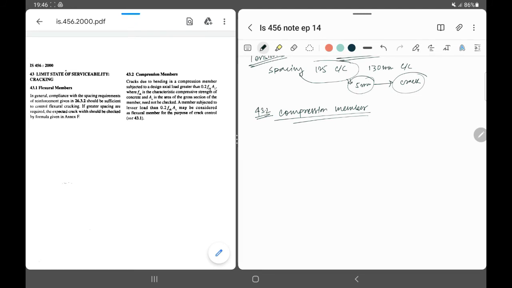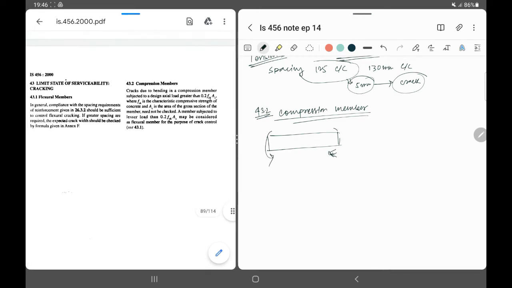So this is your beam, bending is happening, so that axial load should be greater than 0.2 FCK AC, where AC is the area of concrete.